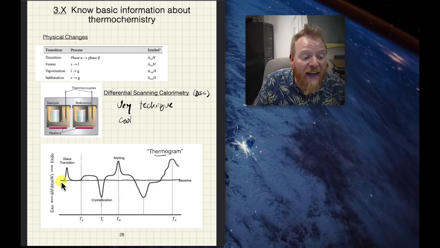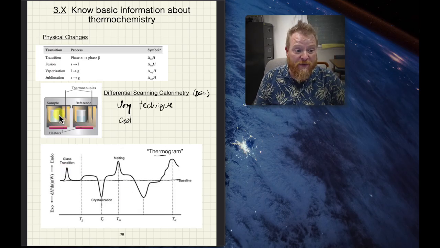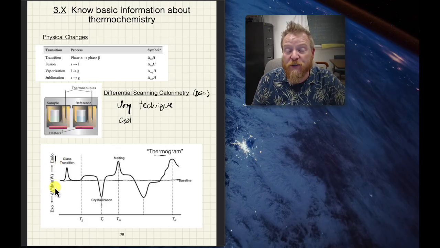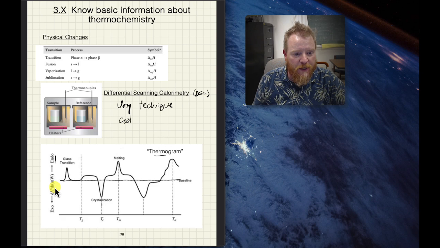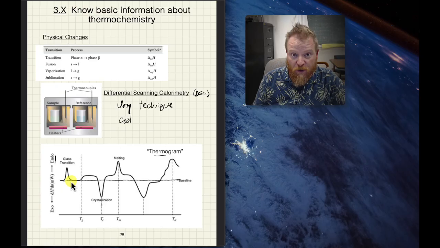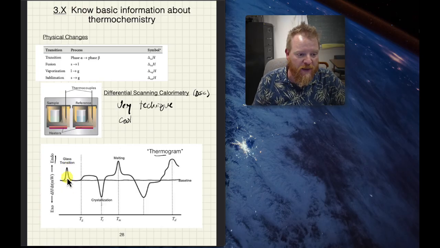When excess power has to be given to the sample to maintain the same temperature, we know that there's an endothermic phase transition going on. This is just a random example, so we can see here some glass transition occurring, some phase change to a glass-like substance. Now, as we go into a different temperature, you can see we get this exothermic phase transition.